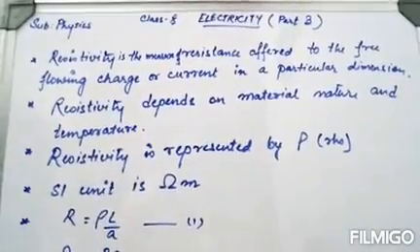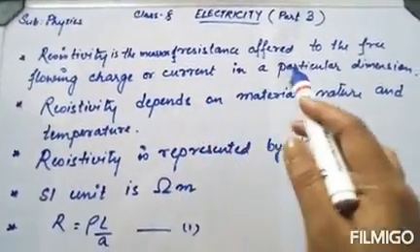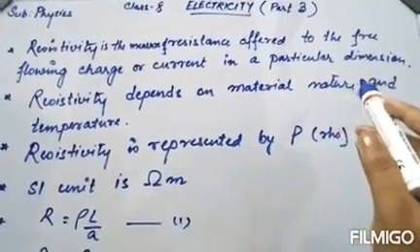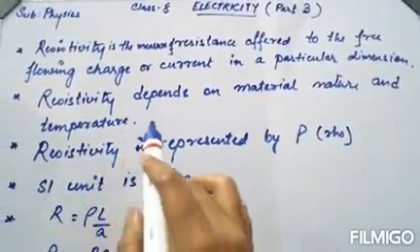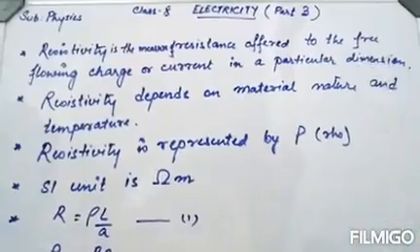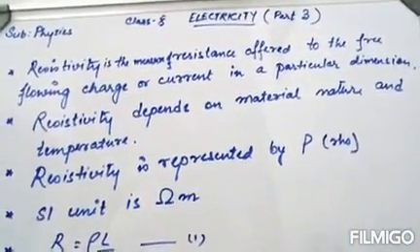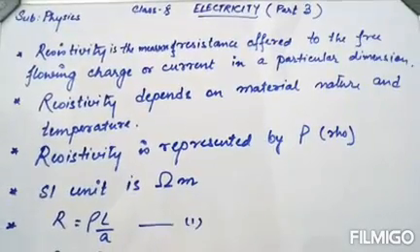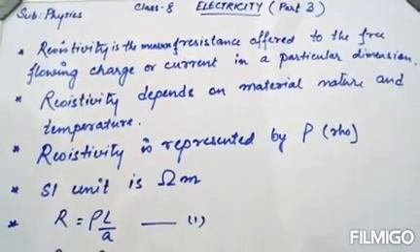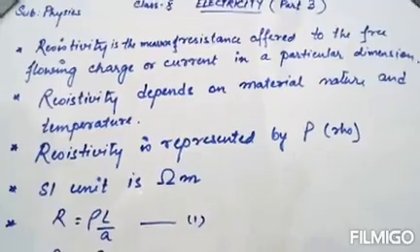Next, resistivity depends on the material or nature of the wire and also the temperature of the wire. That means whether it is a bad conductor or good conductor, and how much heated up it is.